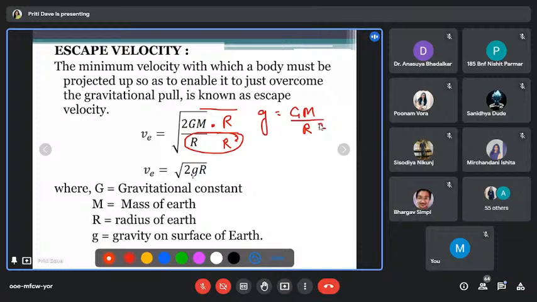Escape velocity is the minimum velocity that a body requires. Now, from Earth, the minimum velocity that a body requires to move out of the surface of the earth, does anybody have any idea how much it should be?